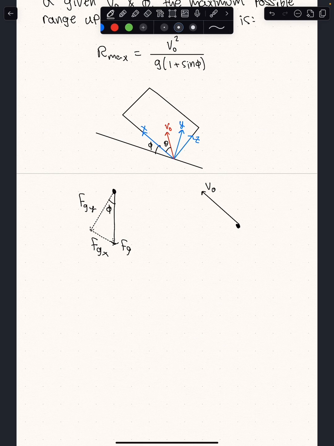And then we have a component this way. Well, sorry, it'll be more like this, the x and the y. Just trying to follow the axes.